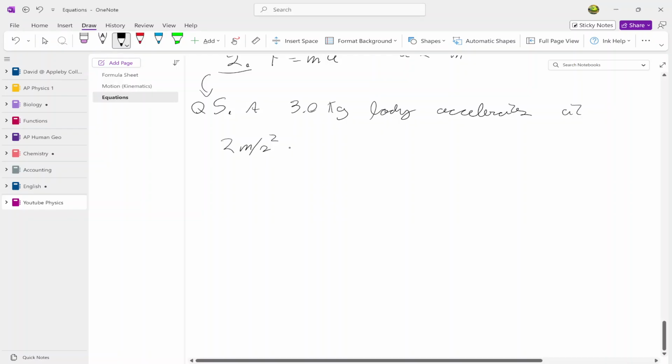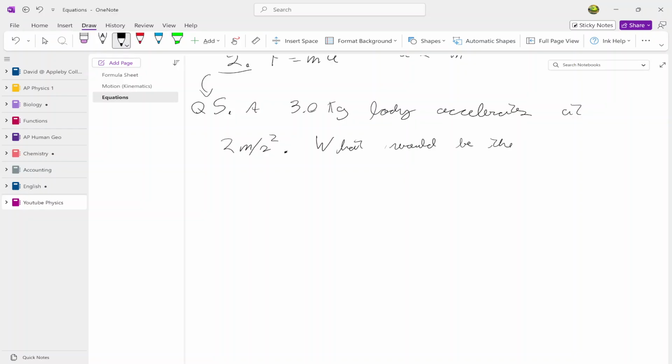What would be the net force, or the overall force, acting upon the object?